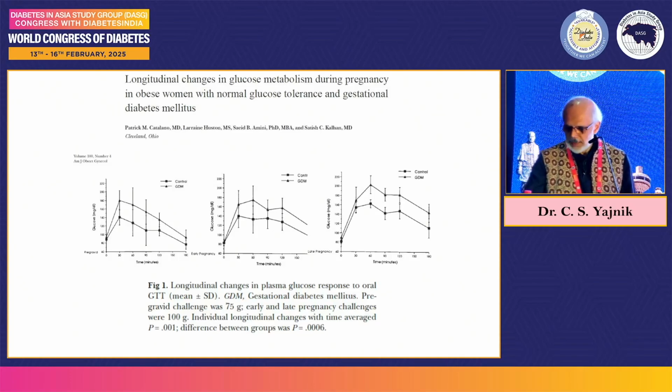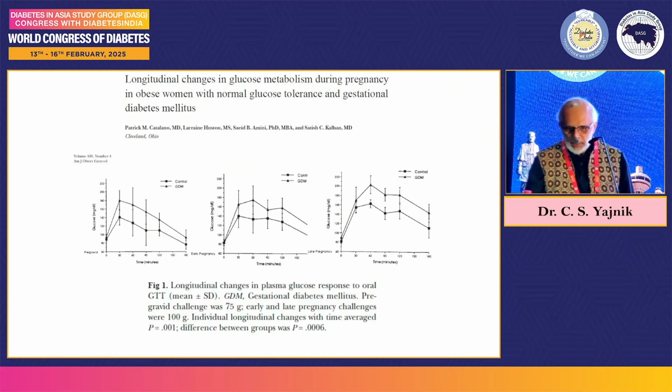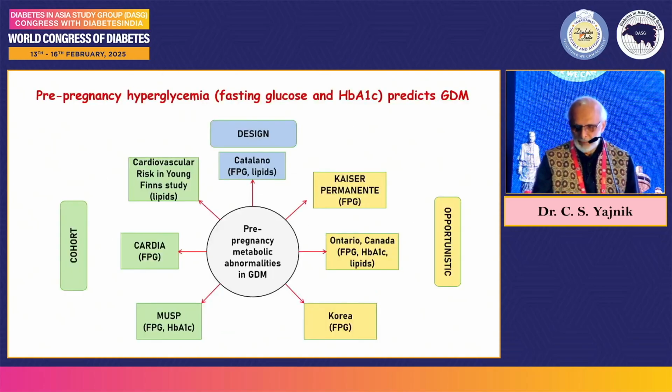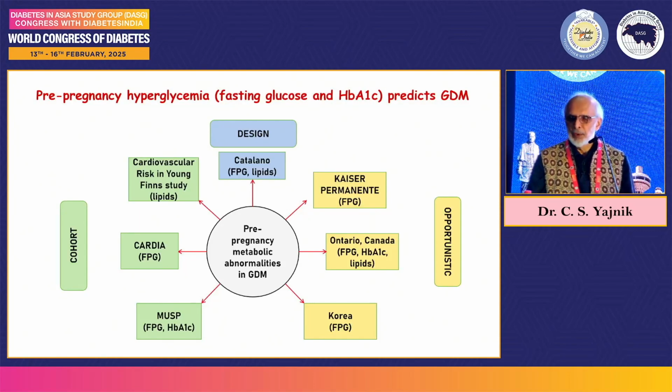As you can see here, the mothers who were diagnosed with GDM in pregnancy had much higher glucose even before pregnancy. It's only that we are calling them GDM because we have tested them in pregnancy and we decided to call them like that.